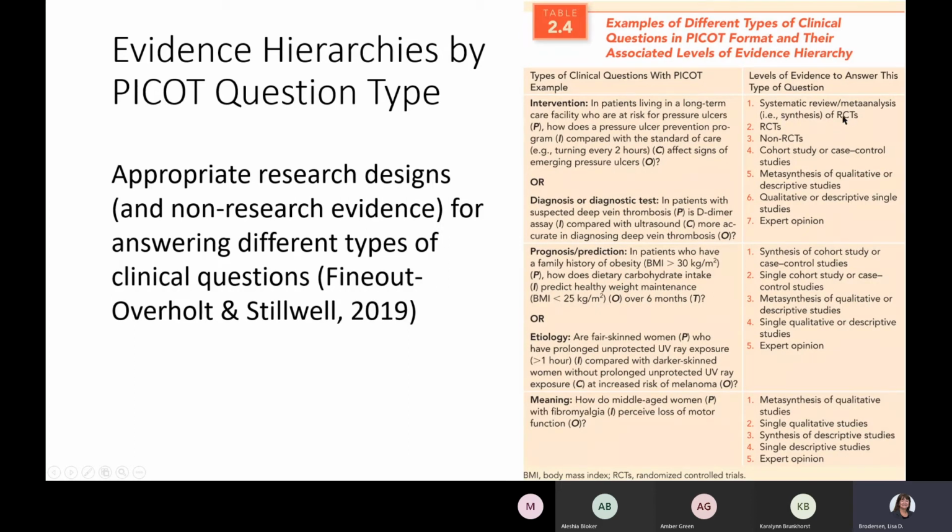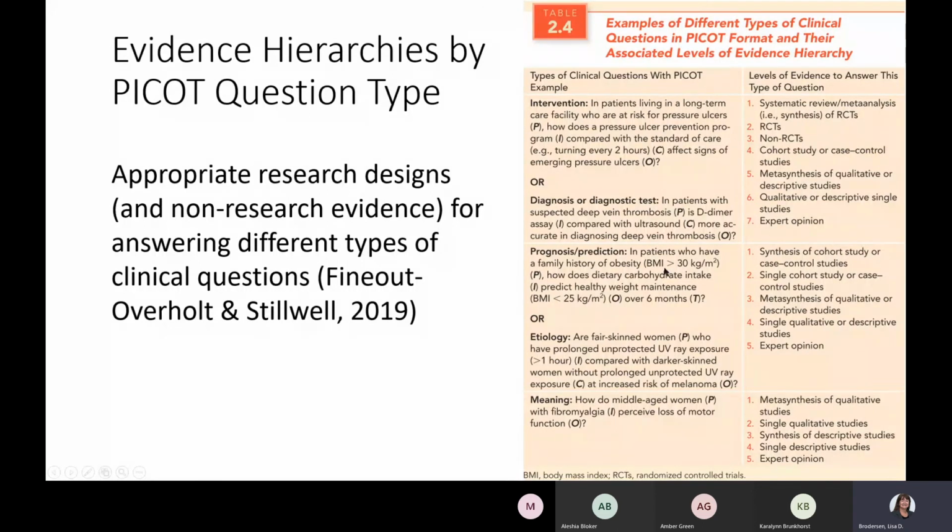Those happen to be systematic reviews and meta-analyses of randomized controlled trials. And then it moves down; actually the numbers go up, but the level of evidence that's provided actually decreases as you move down through these types of evidence, with expert opinion being at the bottom of the pyramid or the hierarchy.